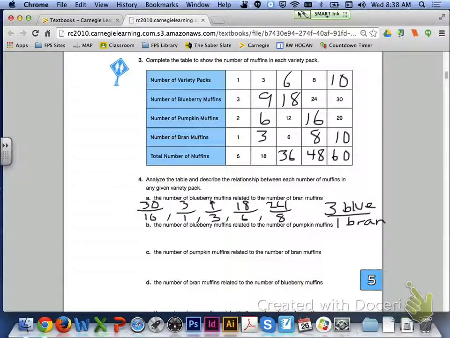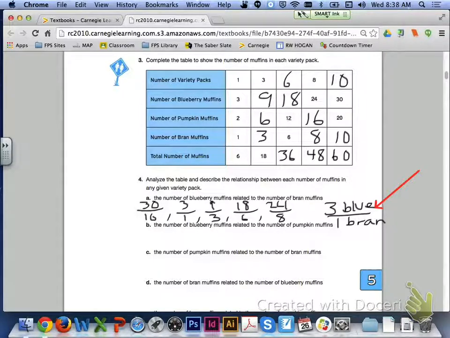So you can tell from that the ratio for the number of blueberry muffins to the number of bran muffins is always going to be 3 to 1.